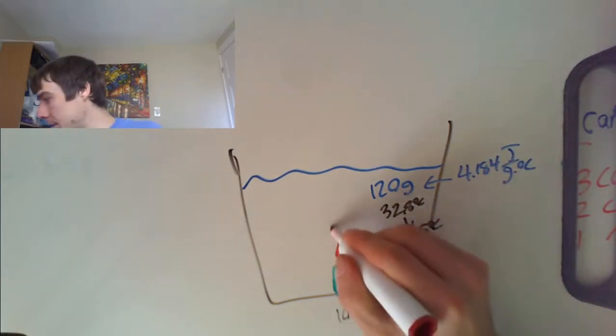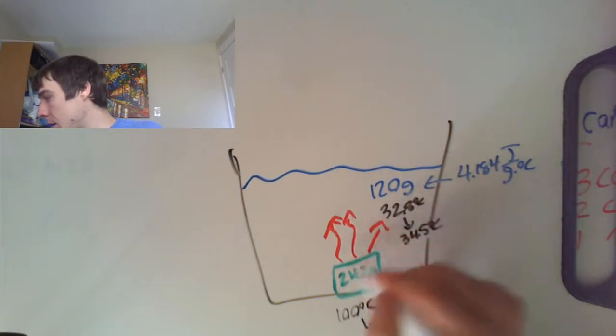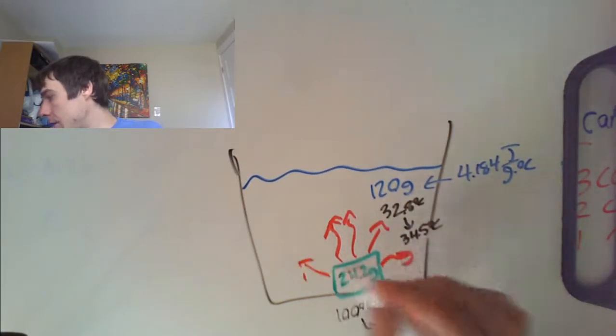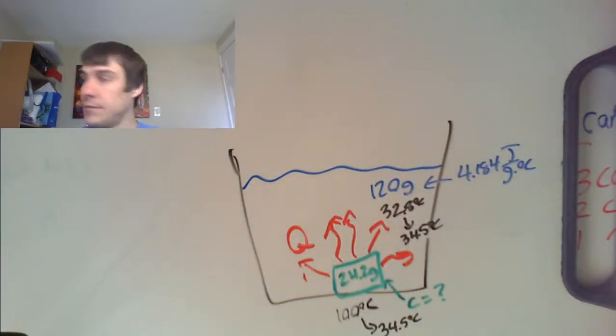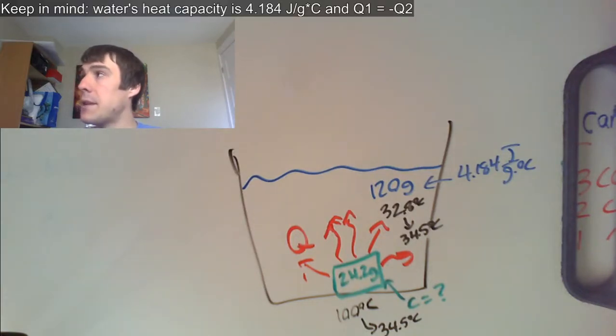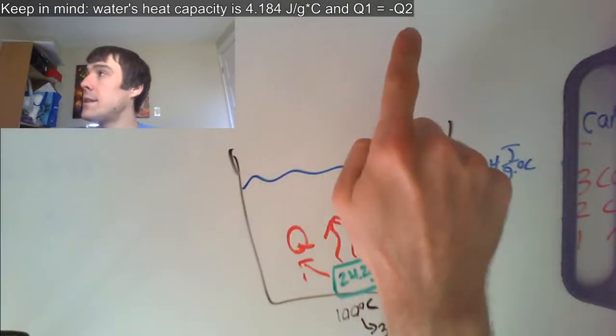So what happened here was heat, thermal energy, went out of the block and into the water. And this is where the keep in mind comes in. Keep in mind up here, Q1 is negative Q2.